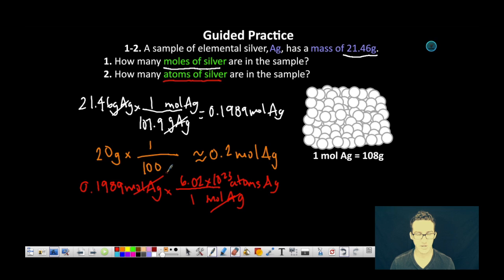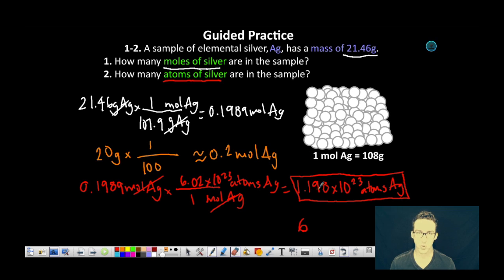This time our moles are going to cancel out. When we multiply this across, we get 1.198 times 10 to the 23 atoms of silver.